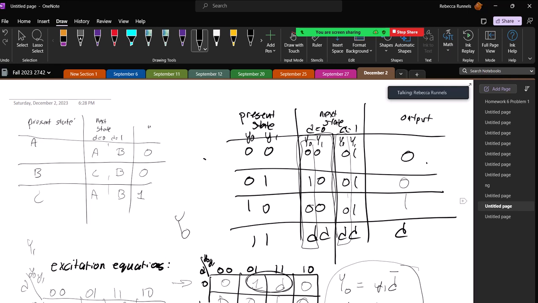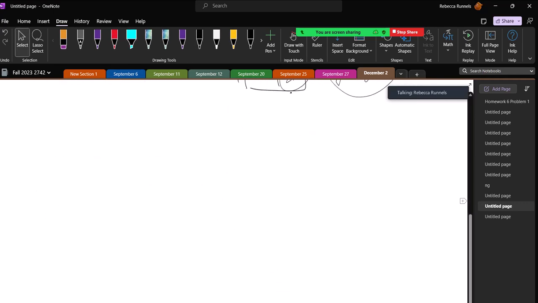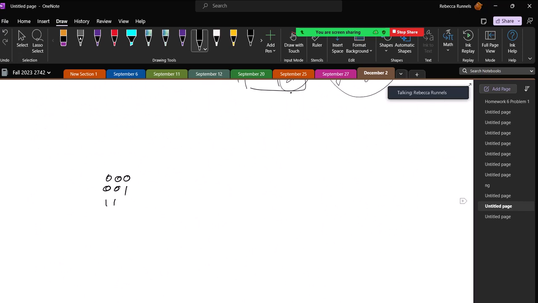If you had 5 states, then your last one would be what? If I had 5 states, I would have to have 3 flip-flops, and I would have 0, 0, 0. I could assign any of them to be the states.